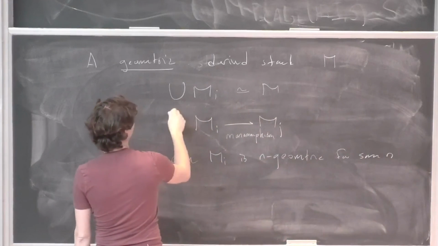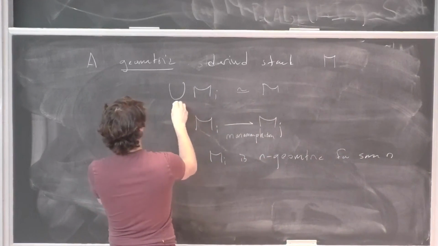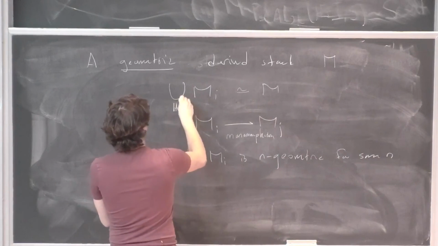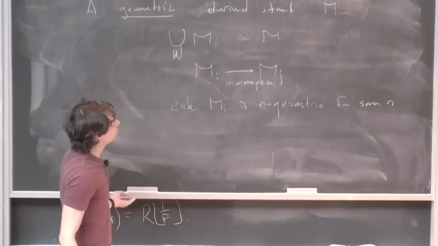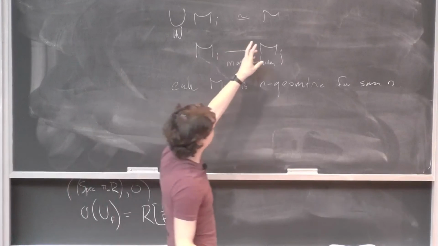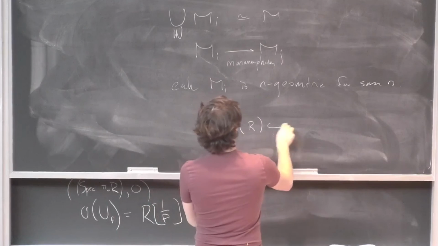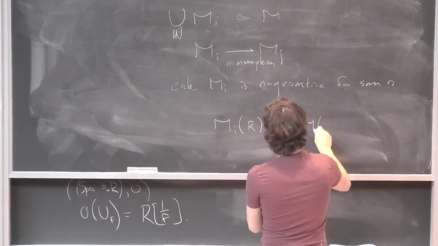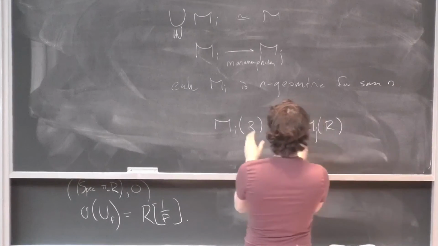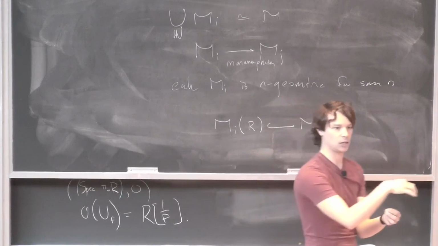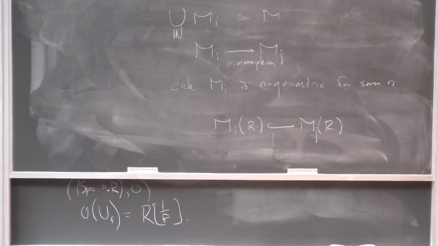Some filtered thing. In this case, it can just be the n or something like that. And what a monomorphism means is that when I evaluate this on R, M_i(R) into M_j(R) is just an inclusion of some connected components of the topological spaces.